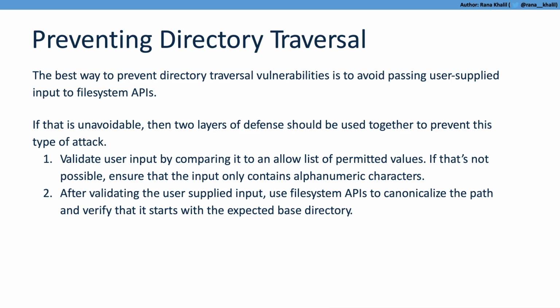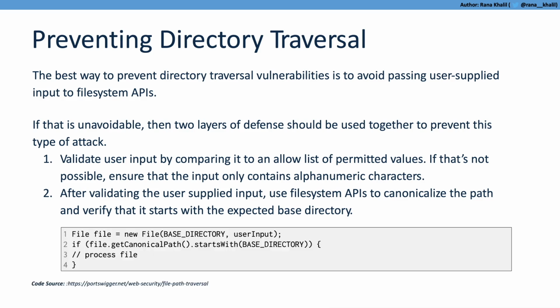So if all your files are, let's say, in the /var/www/images directory, then the request for a file has to absolutely start with that path and nothing else. On the slides over here, I have sample code from the Portswigger website on how to do that in Java. Of course, again, you have to do these two layers of defense together. You can't just apply one of them and expect to not be vulnerable to directory traversal vulnerabilities.